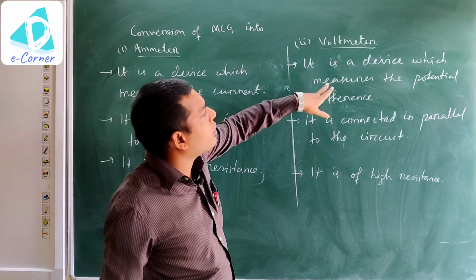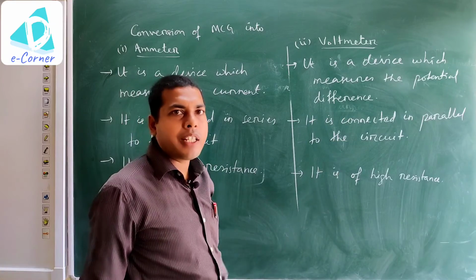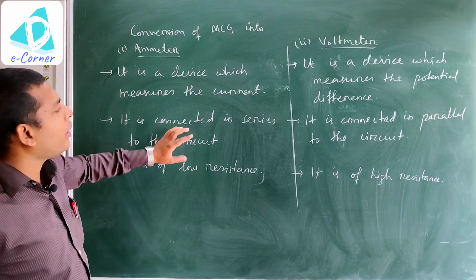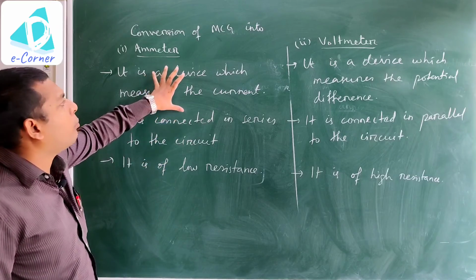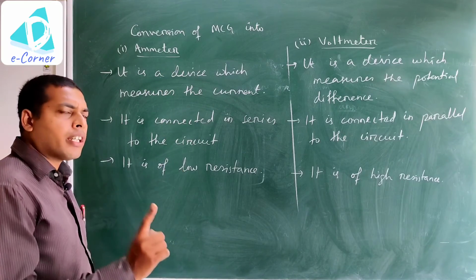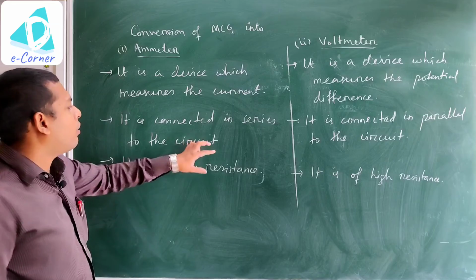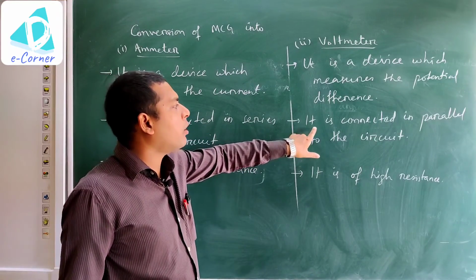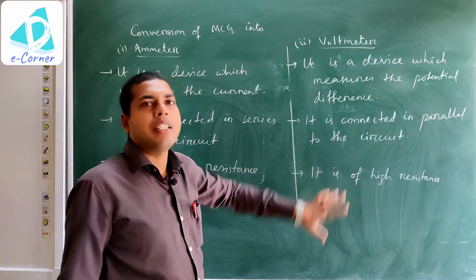Here, a voltmeter is a device which measures the potential difference across the circuit. Next one, the ammeter is connected in series to the circuit. जब भी एमीटर को कनेक्ट करोगे, कैसे कनेक्ट करोगे? It is connected in series. Whereas in case of voltmeter, you have to connect it parallel to the circuit.